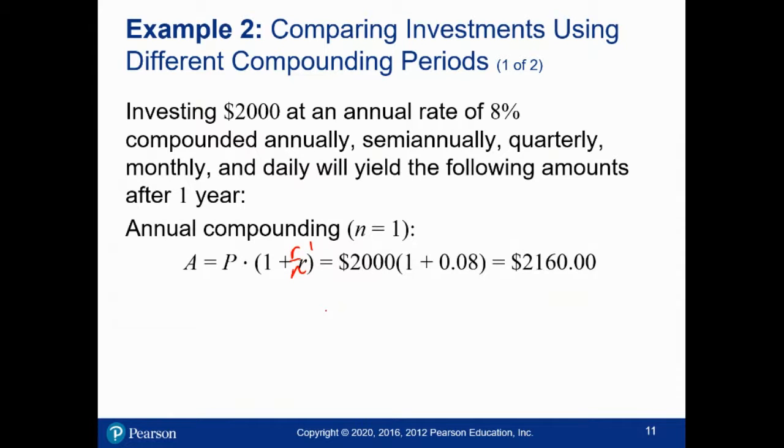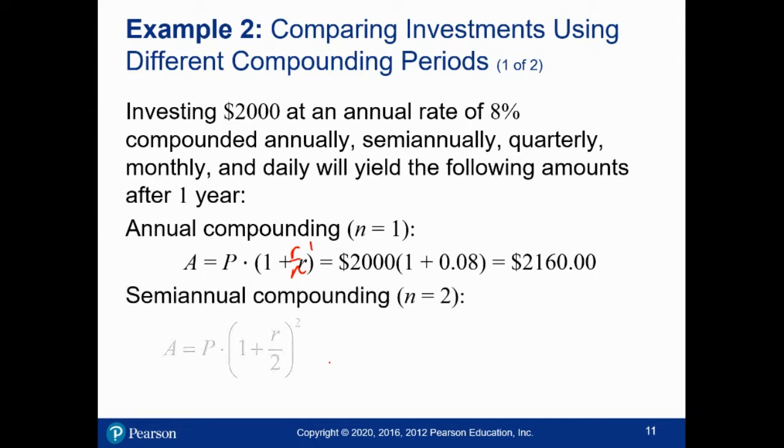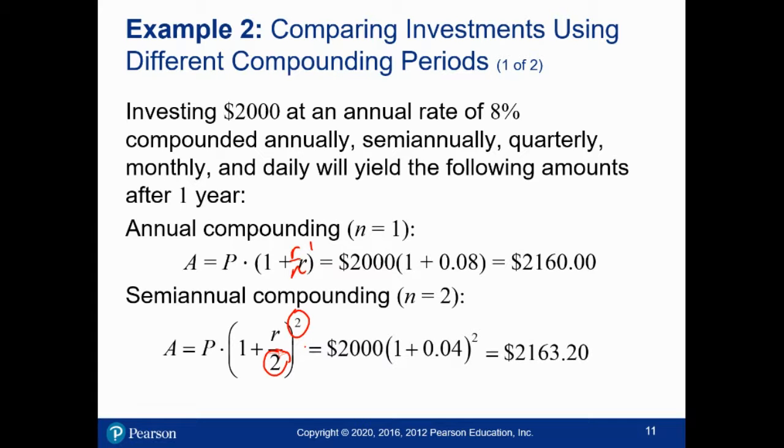There was only one compounding period because it was 1 year. But suppose you use semi-annual. So now I'm dividing by 2, because that's the number of compounding periods per year, and I'm raising this to the second power, because this is how many times I compounded it. And it works out to be slightly larger than 2160.